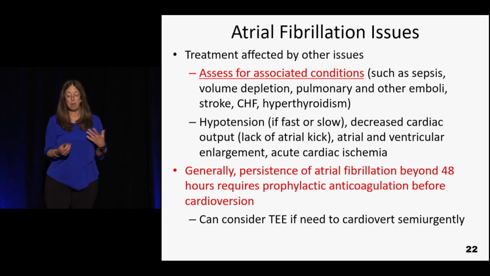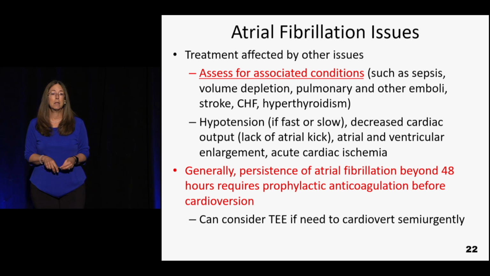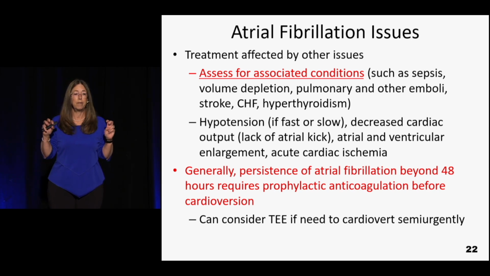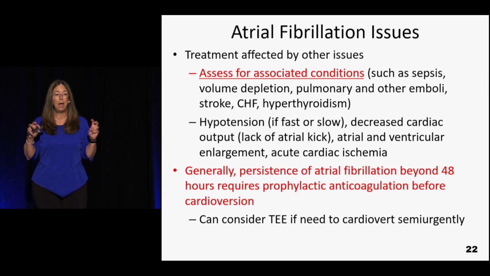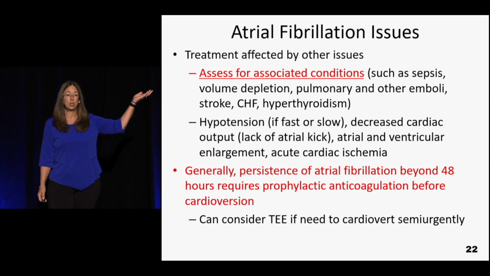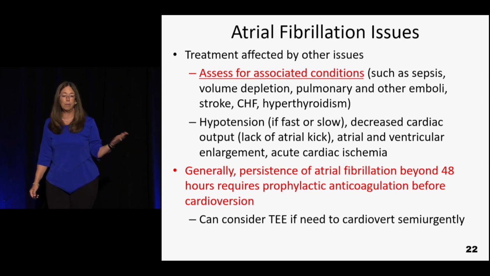A young intern decided that the way to treat that was to treat the rate, because, oh gosh, it's AFib with RVR, I've got to slow it down, and gave a beta blocker. Don't give a beta blocker to somebody who's bleeding to death. It's a horrific combination. That was the person's physiologic response to getting their heart rate up because they were in chronic AFib. It was the sinus tach equivalent.